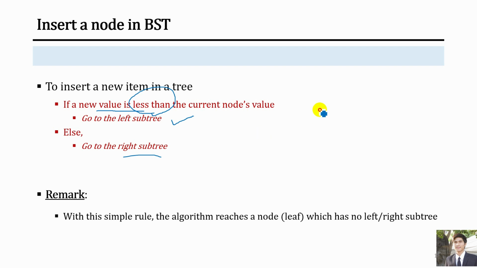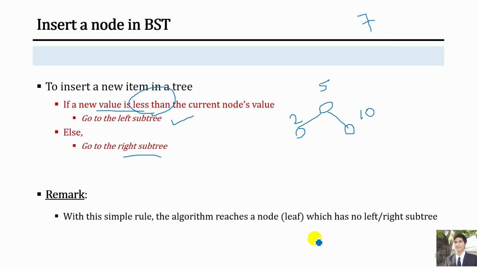For example, we have this tree. We have 5 here, and we have number 2, and we have number 10. If we want to insert the number 7, where will we insert it?